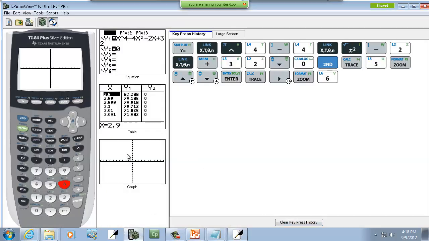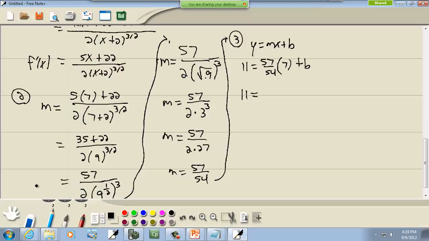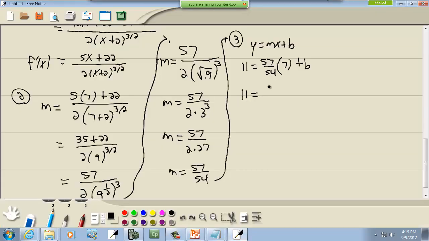I'll be lazy. Okay, 57 divided by 54 times 7. And math, enter. 133 over 18 equals b, or plus b.